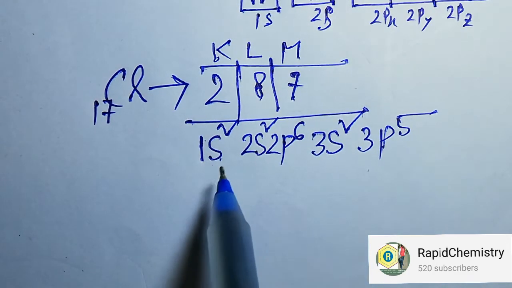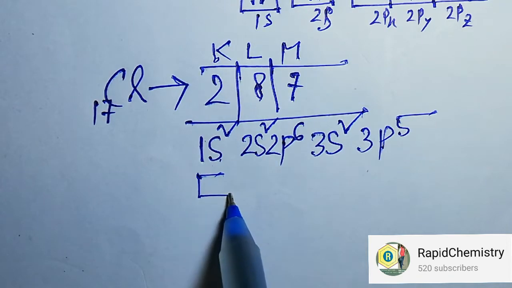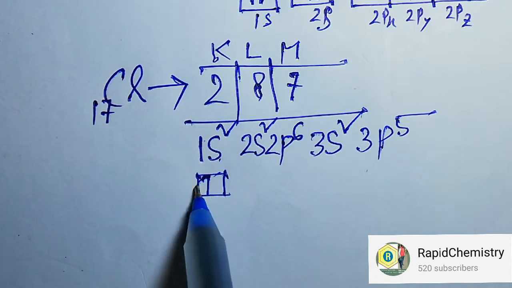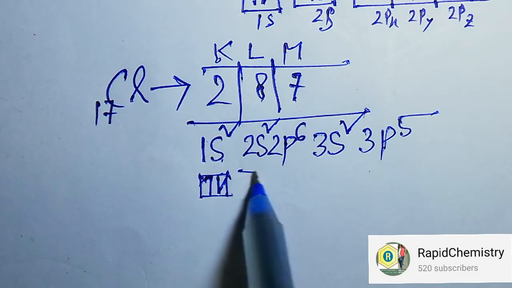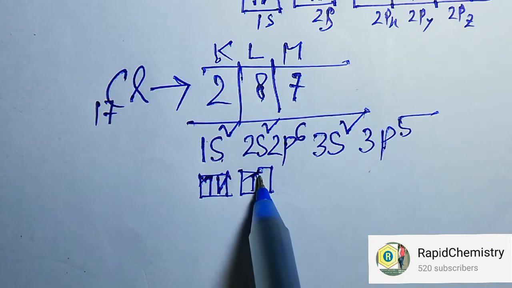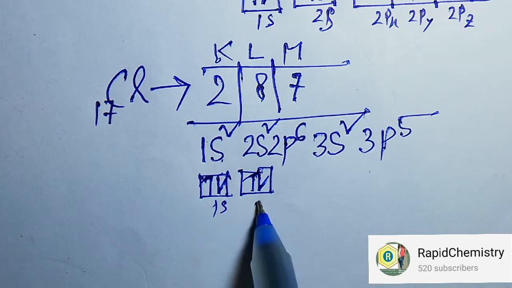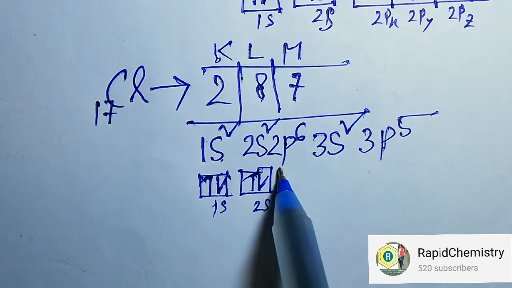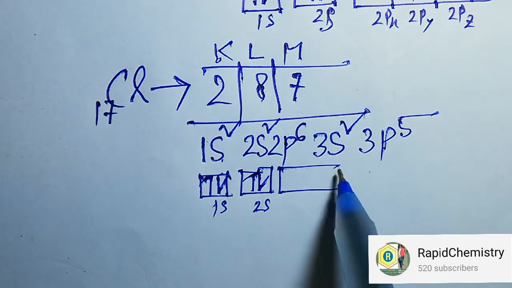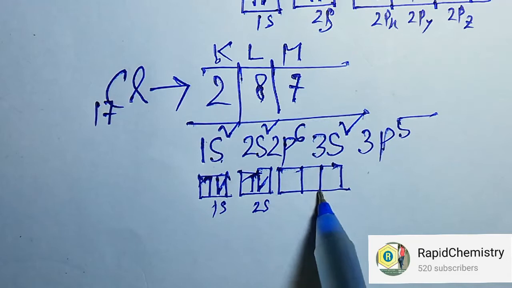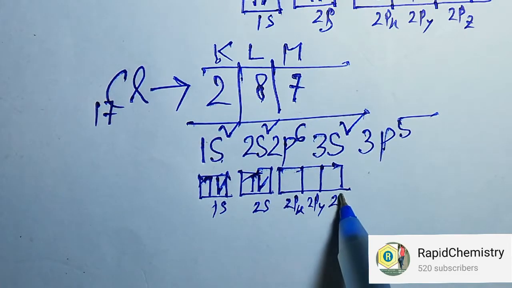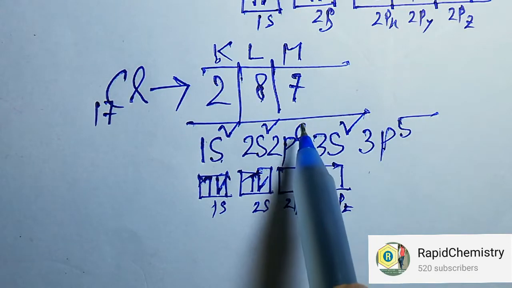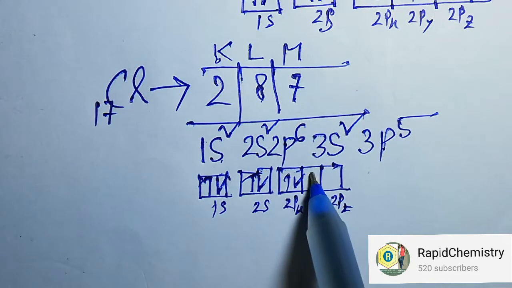1s means one orbital having 2 electrons, and their spin is different, and that's why it is shown like this. For 2s 2 electrons are there. For 2p 3 orbitals are there, degenerate, and they are 2px, 2py and 2pz, and 6 means they are all in the paired form.